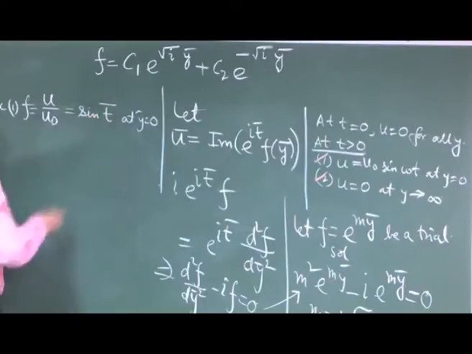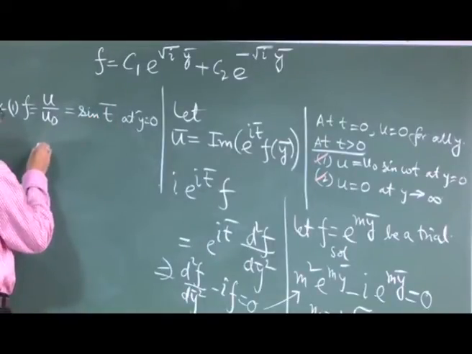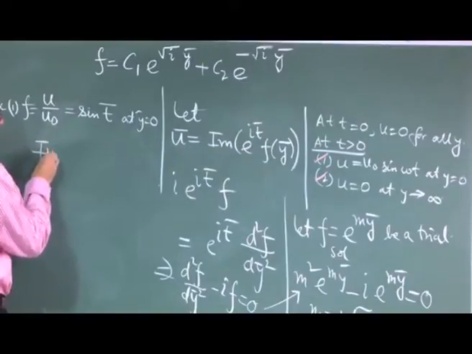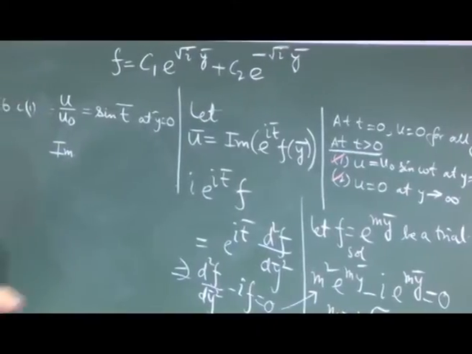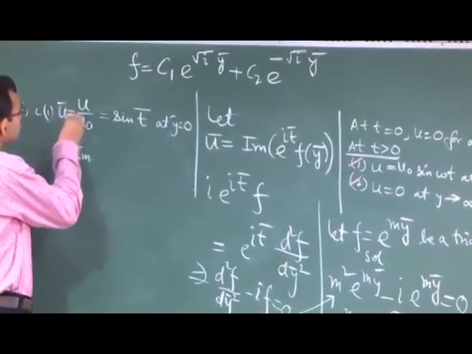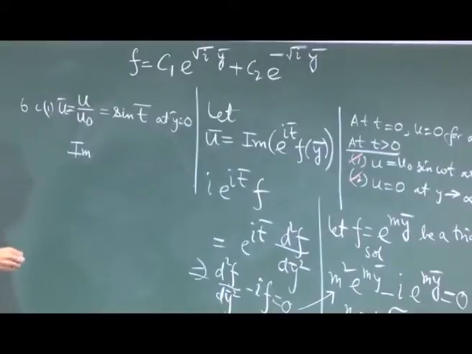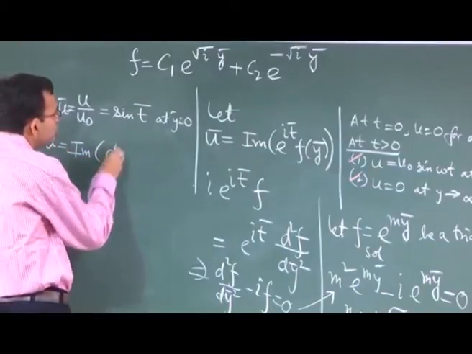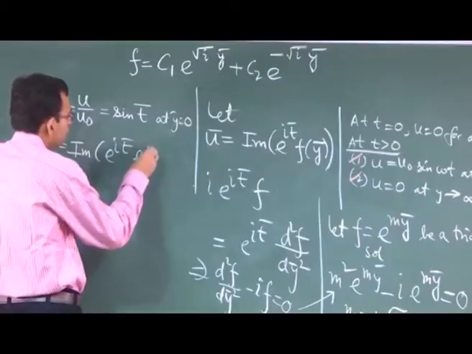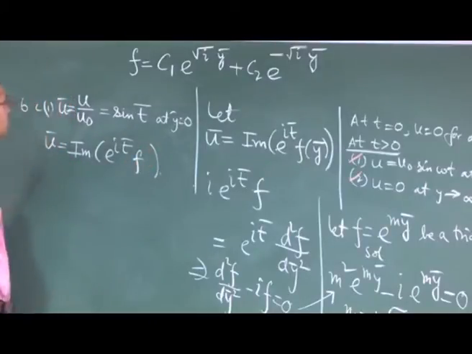T bar is omega t. So, now f was taken as imaginary, sorry, this is u bar not f. So, u bar is imaginary e to the power I t into f, right. This was u bar.